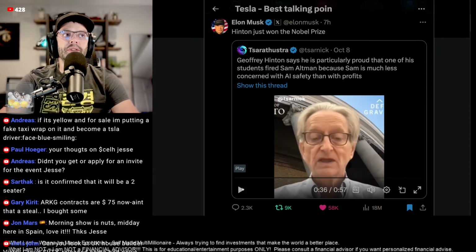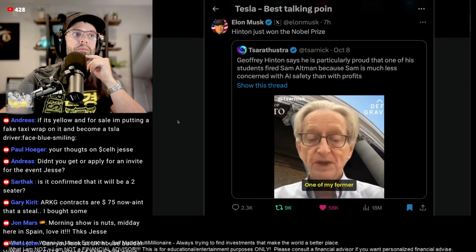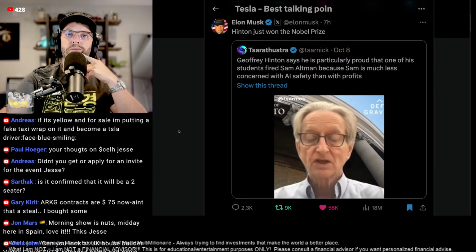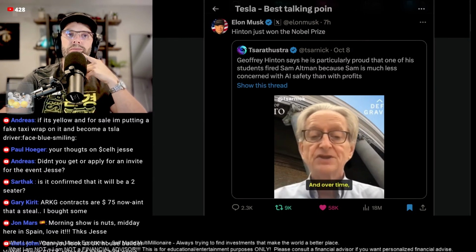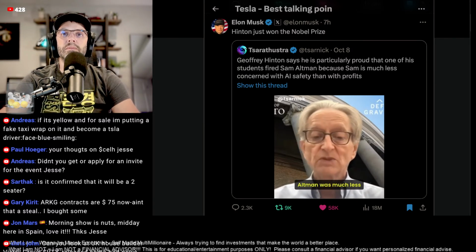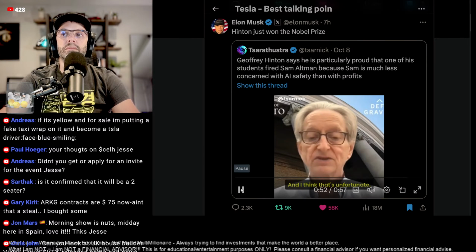One of my former students, Ilya Sutskever, was the chief scientist. And over time, it turned out that Sam Altman was much less concerned with safety than with profits. And I think that's unfortunate.